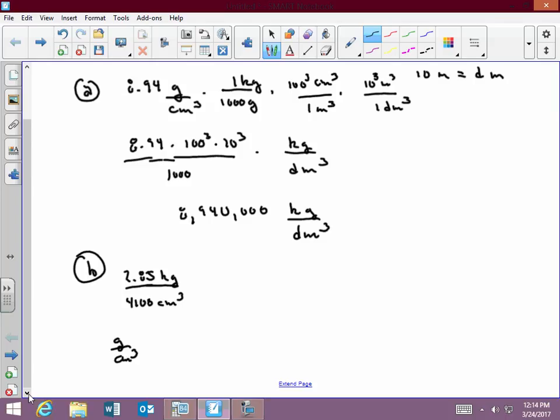And we said that there's 1,000 grams per kilogram. So to get the grams, we'd have to get 1,000 grams, 1 kilogram. And then it wanted it in that cubic centimeters, right? And that's already there.